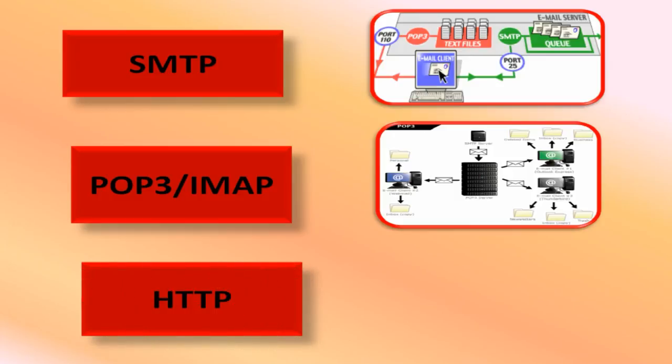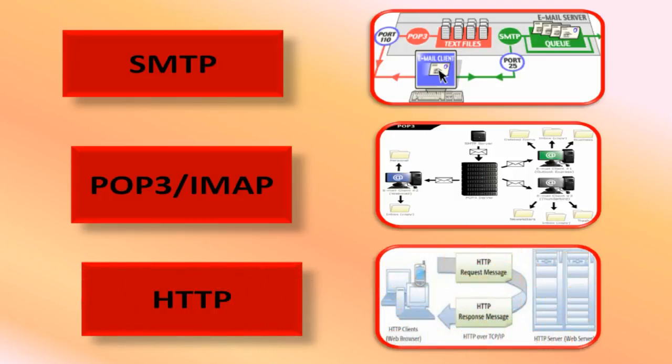Next one is HTTP. HTTP stands for Hypertext Transfer Protocol. This type of protocol is used to send and receive web pages and files on the internet. It is also used by the World Wide Web, and this protocol defines how messages are formatted and transmitted.